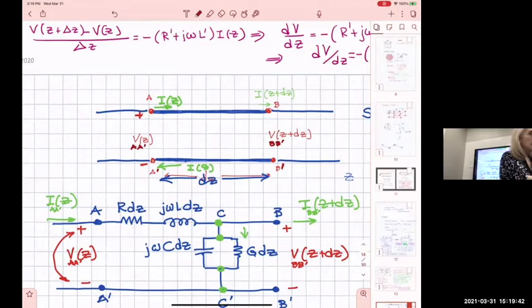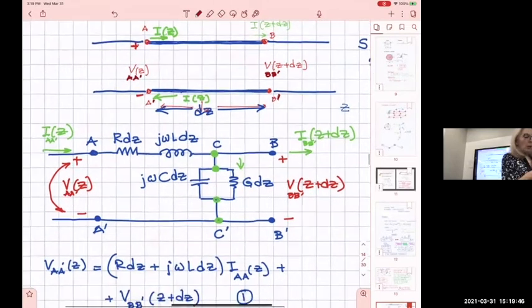They're separated because that's what happens in the symbolic representation. Now, we have moved out of the symbolic to the circuit, but we still have dz in there. You see that dz just multiplies the values of the elements. So VAA prime is at Z, then VBB prime will be at Z plus dz. And the same thing, if IAA prime is at Z, IBB prime is at Z plus dz.